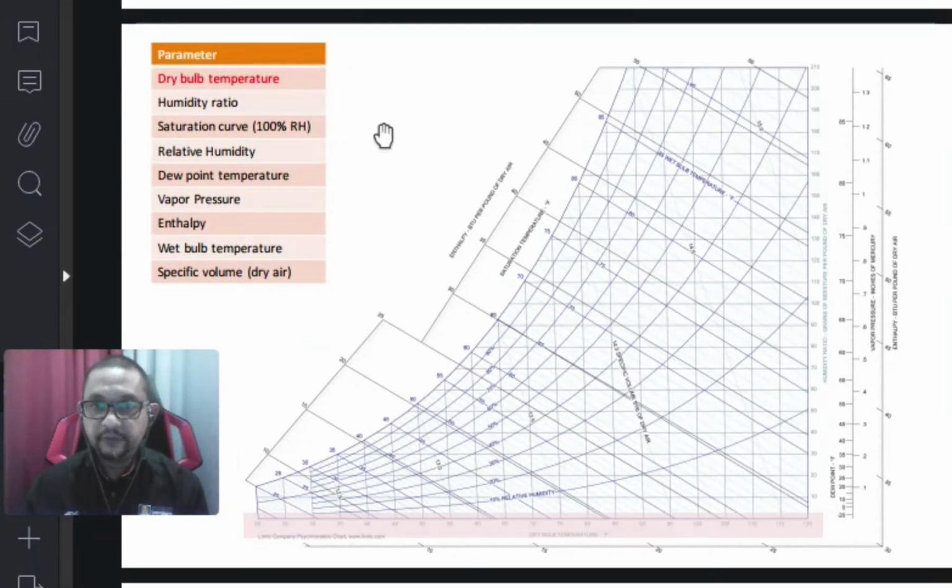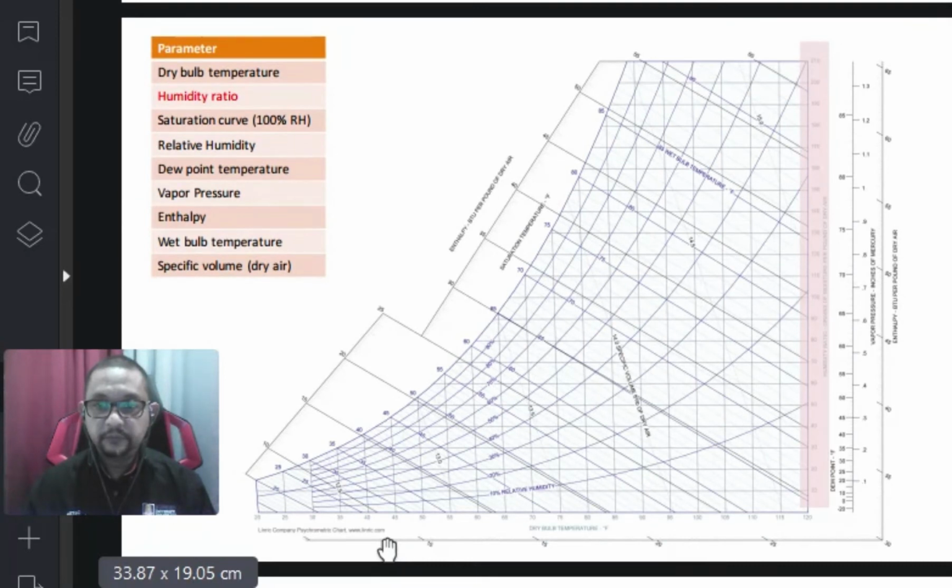When we refer to dry bulb temperature, it is at the bottom of the chart, at the highlight. This is the dry bulb temperature scale.